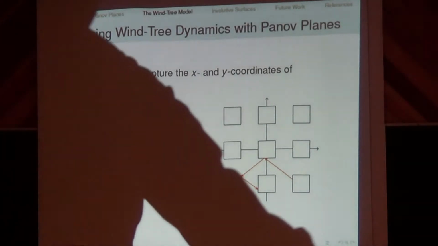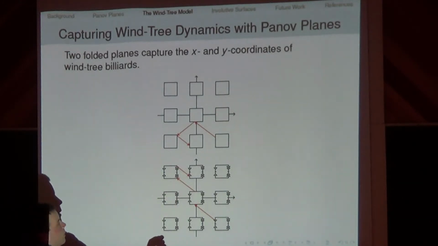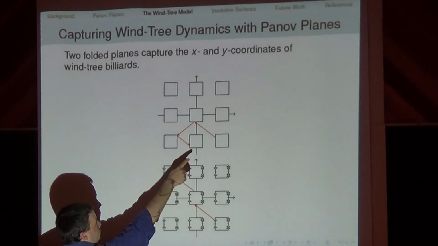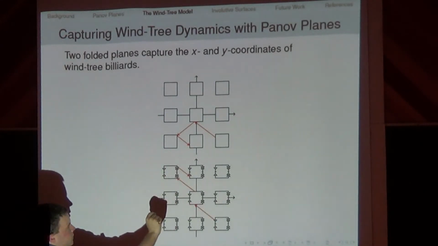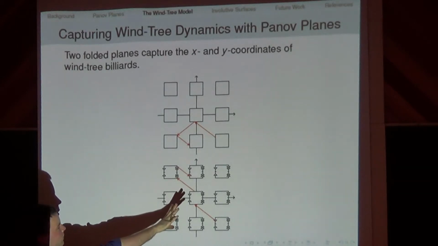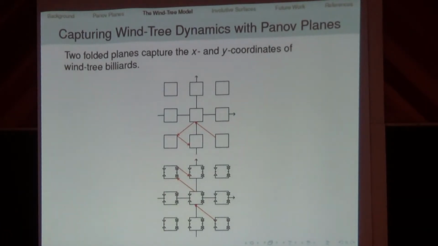And similarly, if you just fold the vertical sides of the L, when you look at a geodesic here and the corresponding billiard trajectory in the wind tree model, did I say that backwards last time? So here the x coordinates are always the same, and for the other one, the y coordinates are always the same.